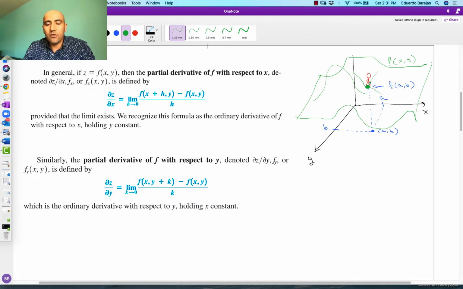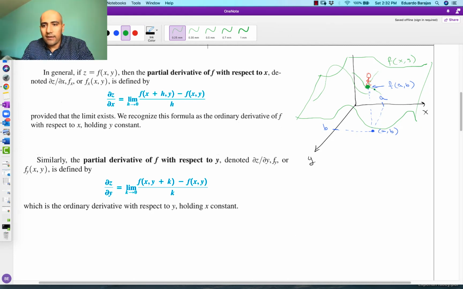So not only would you have to ask what's the instantaneous rate of change, but you also have to add a direction to it. That's what we have to do now. So that's why we have two that we're working with. This is the instantaneous rate of change if you were standing on the point (a, b) and you wanted to walk in the x-axis direction.